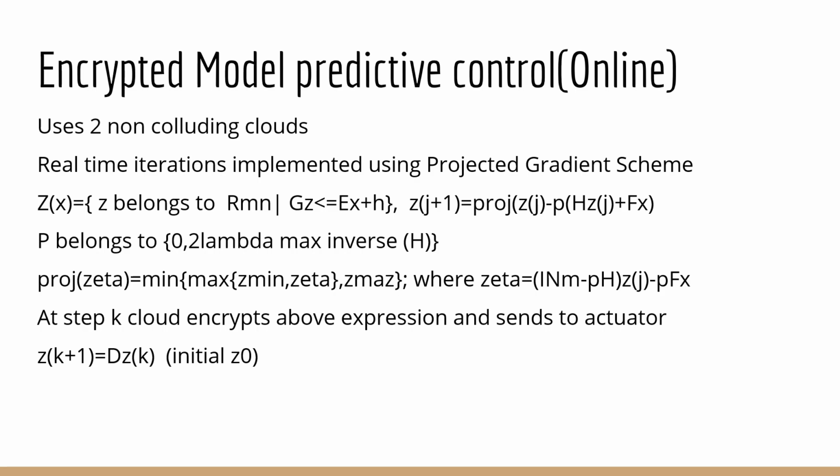Real-time iterations happen like this. They start from the previous solution or the initial guess, and then the iterations happen, and then they send back the updated encrypted control action. So it's a proper loop. In online optimization using MPC, the optimization is offloaded to the cloud, unlike in offline optimization.